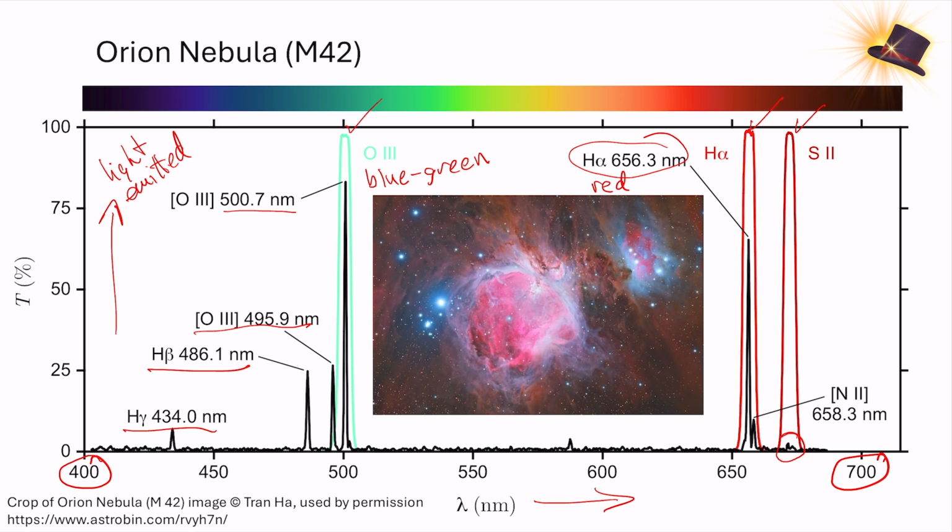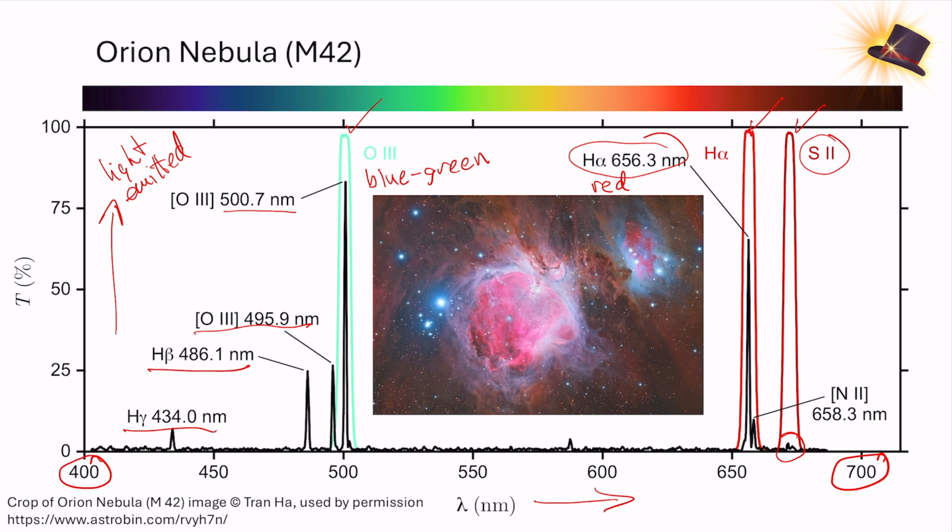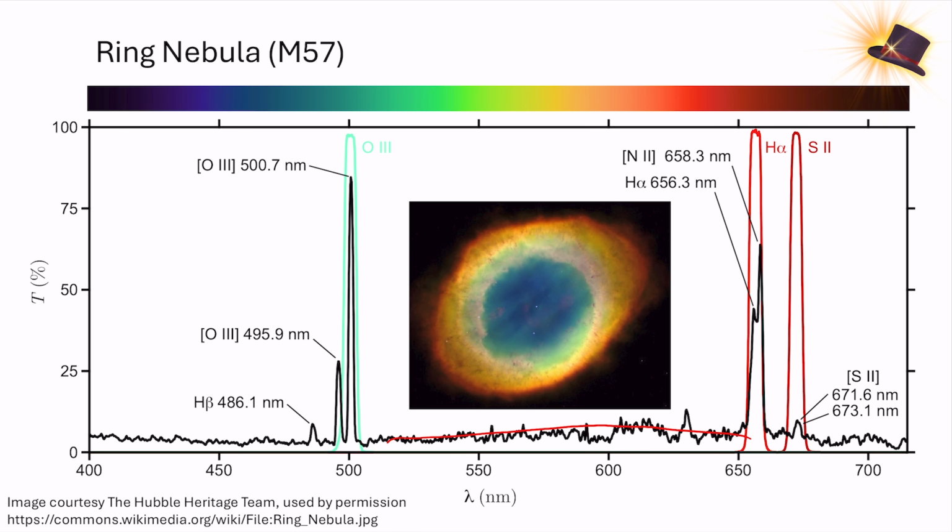Right here is a little blip, there's hardly any energy in this Sulfur-II line. When you look at the Ring Nebula, you can see that there's a little bit more of a continuous background. For the Orion Nebula, the background is just pretty much zero, except at those particular lines.